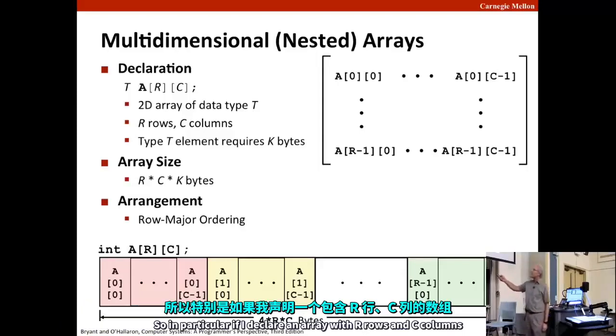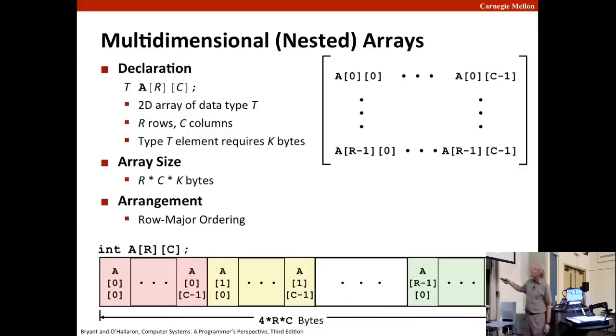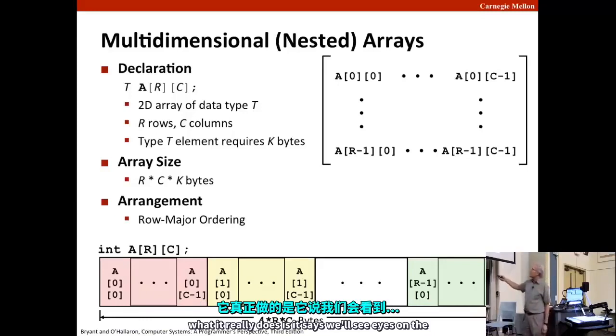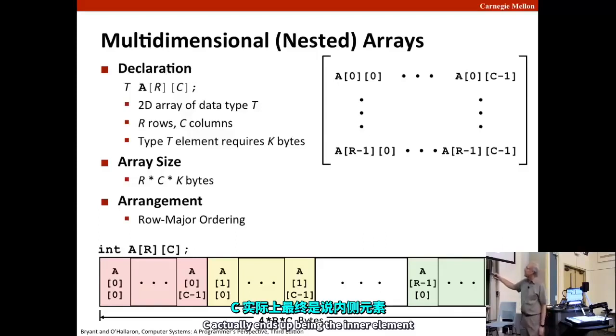So in particular, if I declare an array with R rows and C columns, and you think of it mathematically as a two-dimensional matrix, C actually ends up being the inner element.